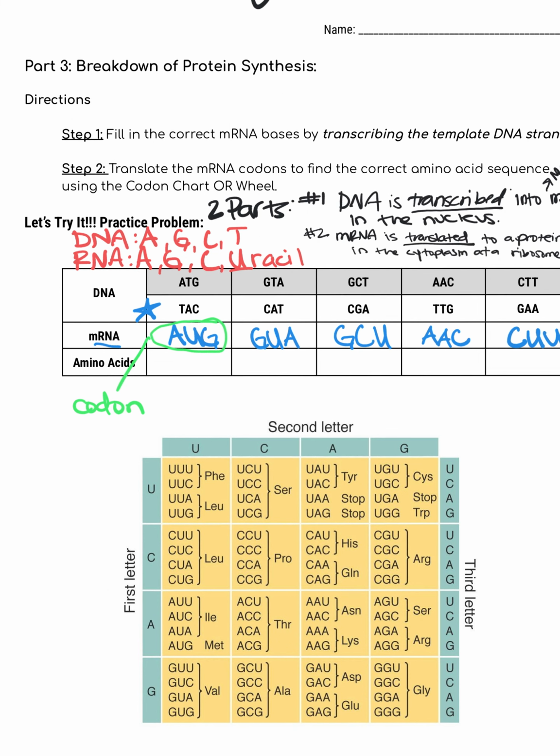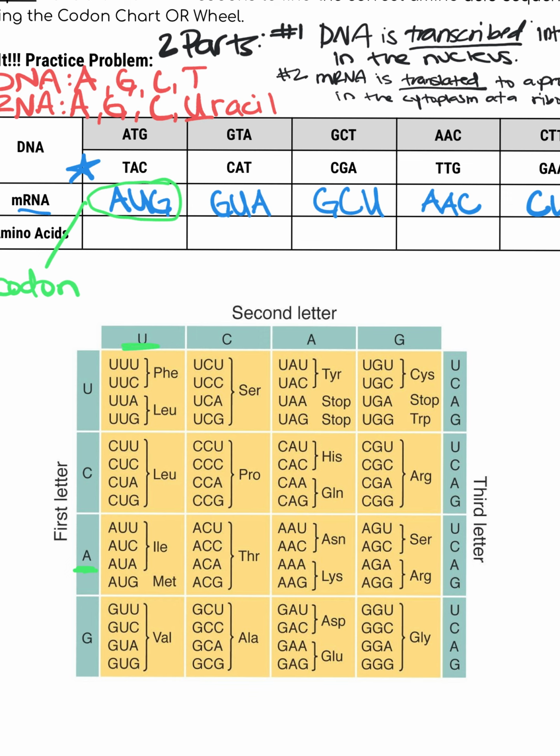If we were using this chart, okay, I would find my first letter, which is A, okay? So my first letter is A over here. Then my second letter is U, so I go up to the top. So I want A, U, so I'm in this box so far. My third letter I go over is G, so if I follow it across, my first amino acid is MET.